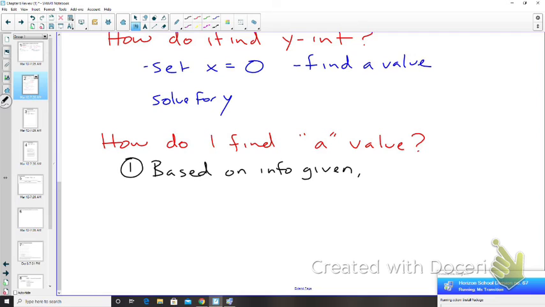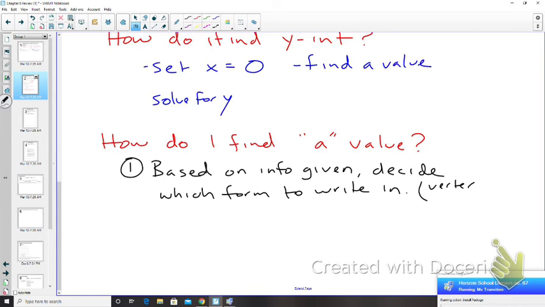Based on info given, decide which form to write in: vertex form, factored form, or standard. Then step 2.